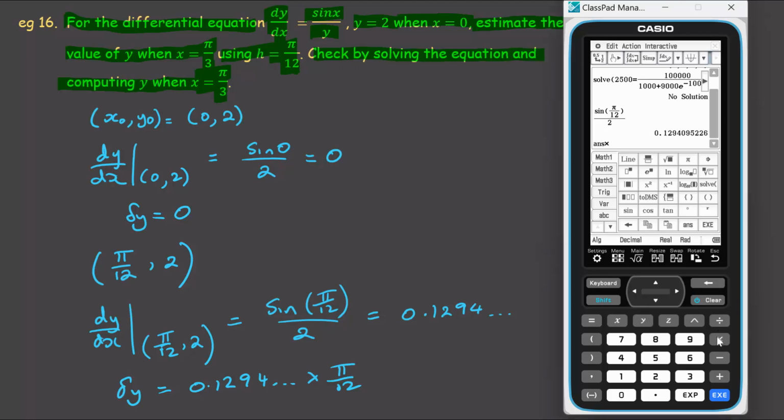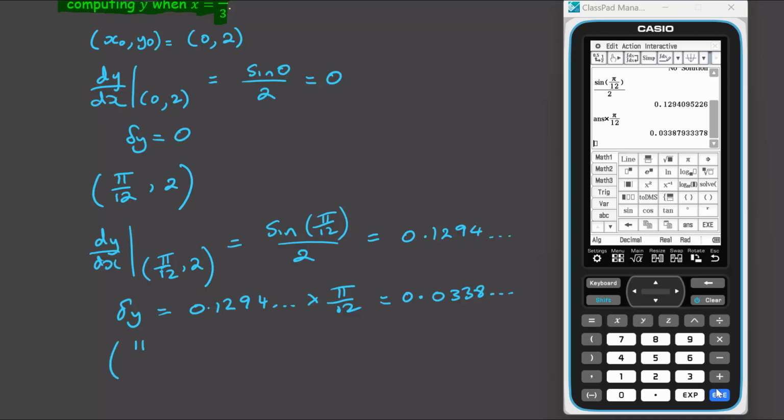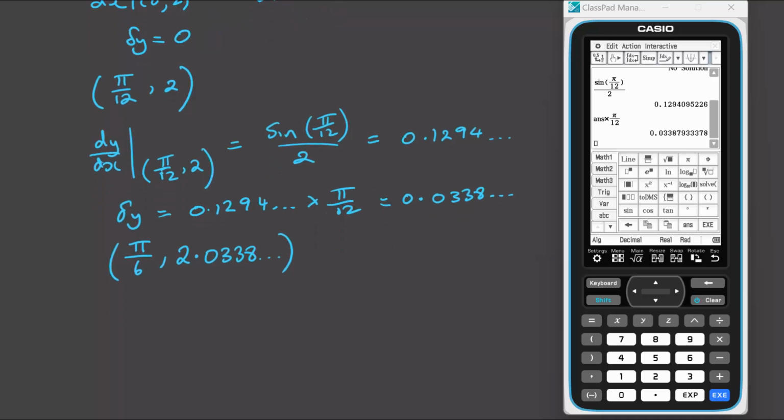So we're just going to multiply that last answer by pi divided by 12, and that gives us 0.033 and so on, which takes us to our next point, going pi by 12 further on, is pi by 6, 2 pi by 12, and then we're going to have 2.0338 and so on. And then we just repeat the process.